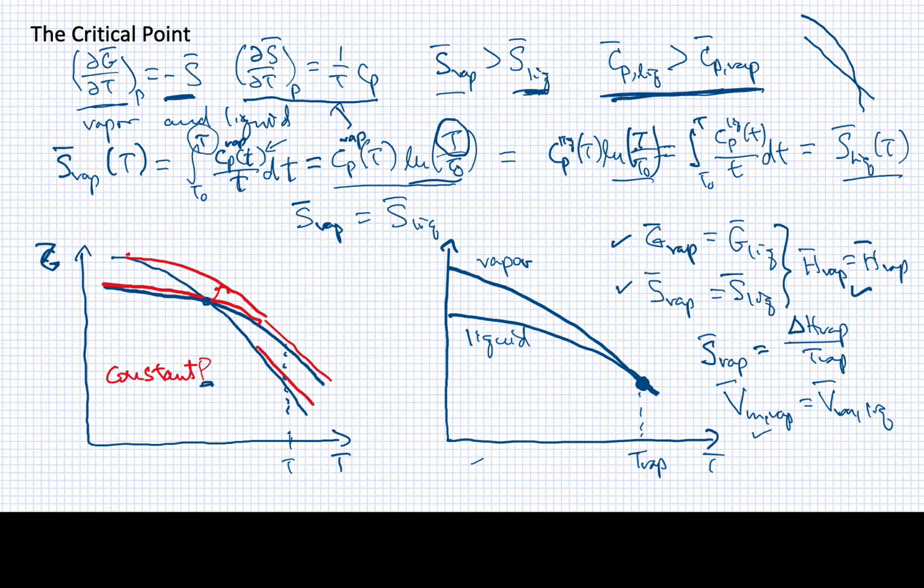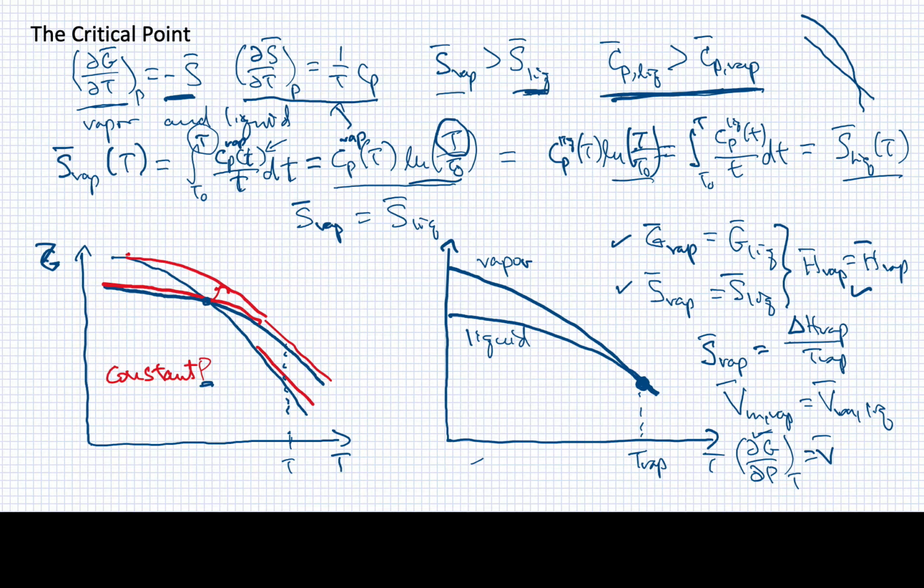So if all of these quantities essentially have the same value, and this, by the way, is the same because I know that this quantity, which equals the molar volume, is going to be the same in both of these cases. So if all of these things are equal, that means that we really can't tell the difference between a vapor and a liquid.